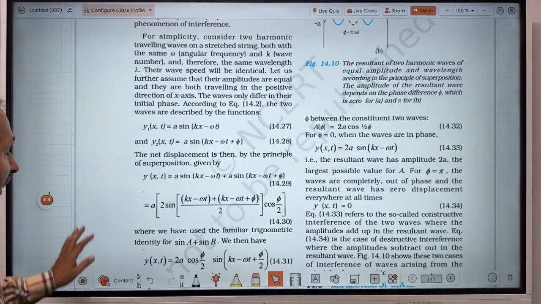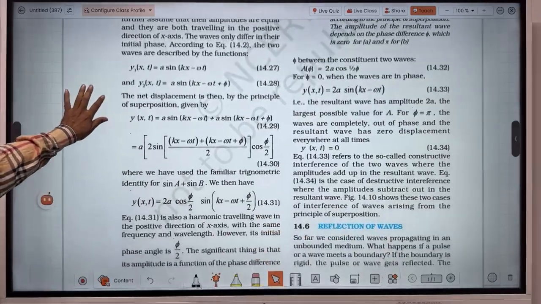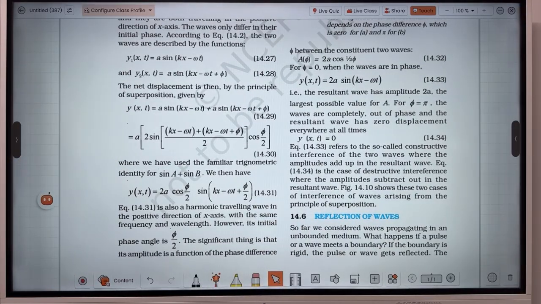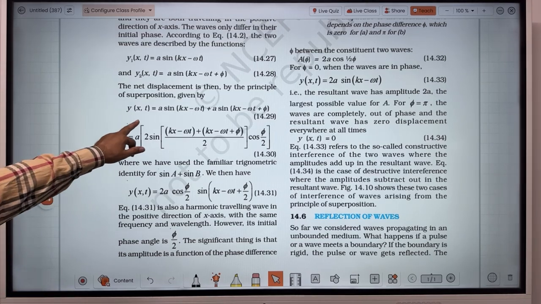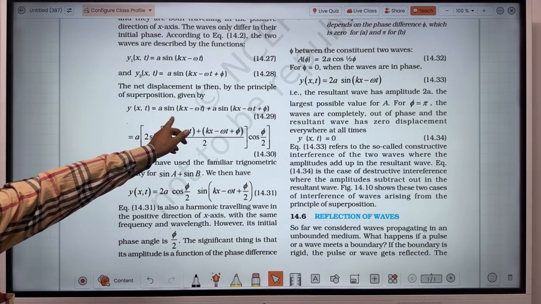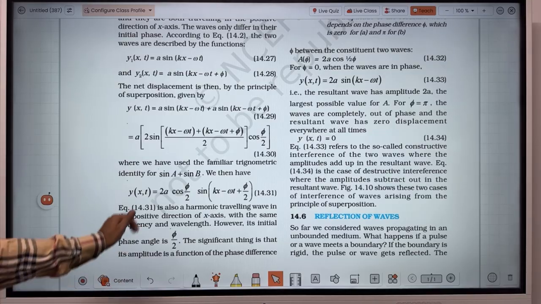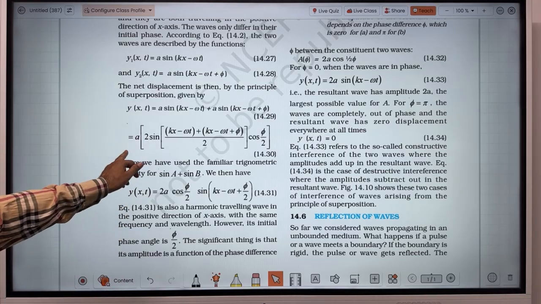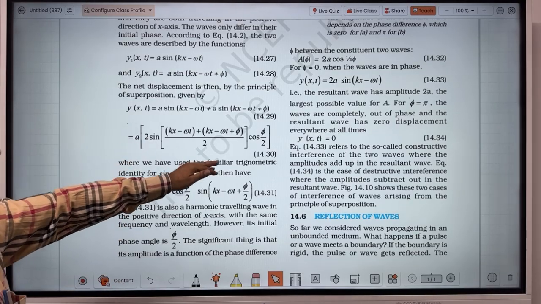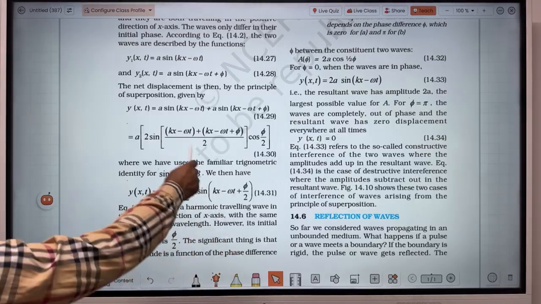Now if you remember the formula, sin(a plus b) is equal to sin a cos b plus cos a sin b, right? There is another formula that we are going to apply here: sin c plus sin d equals 2 sin((c plus d)/2) cos((c minus d)/2).